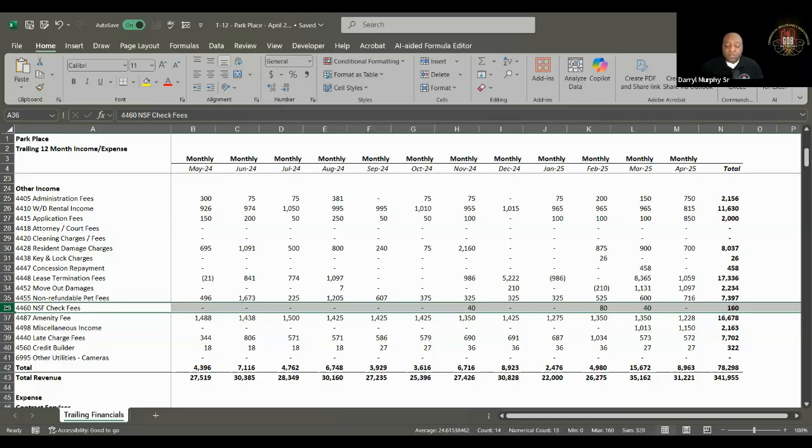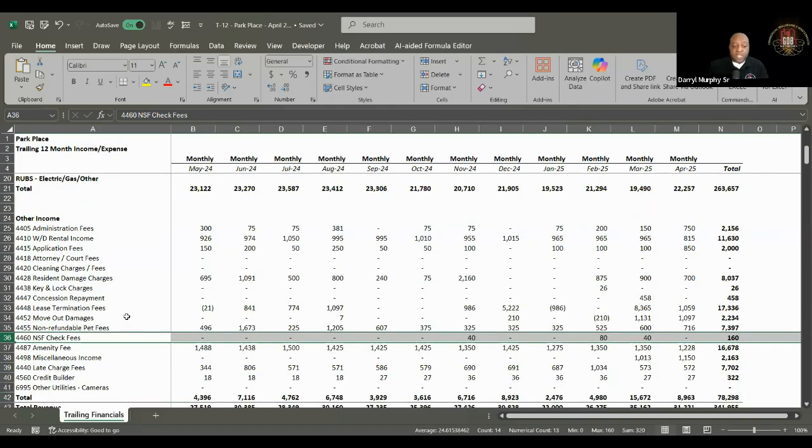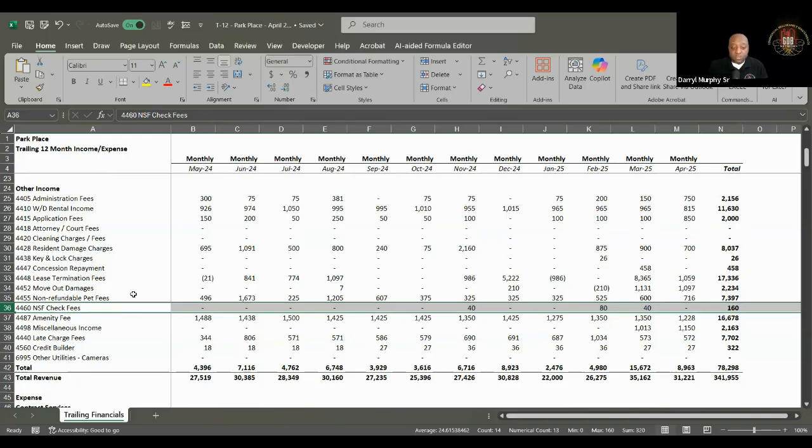All right. So before we move further, are there any questions in reference to anything that we have discussed in reference to the rental income? Are there any questions that you may have? Feel free to ask.